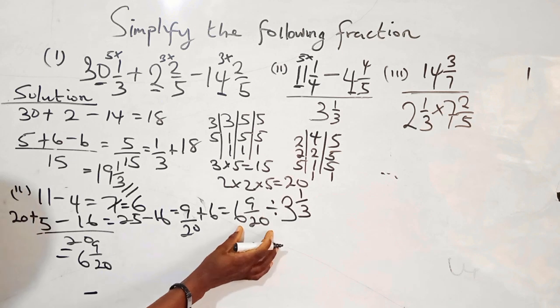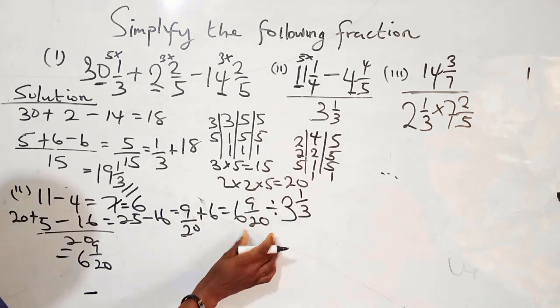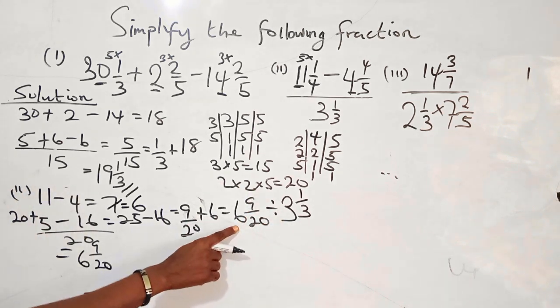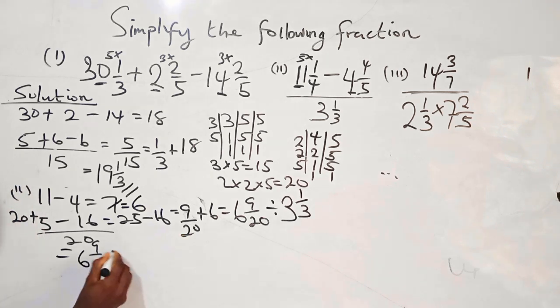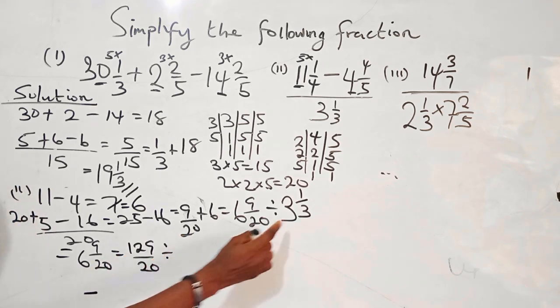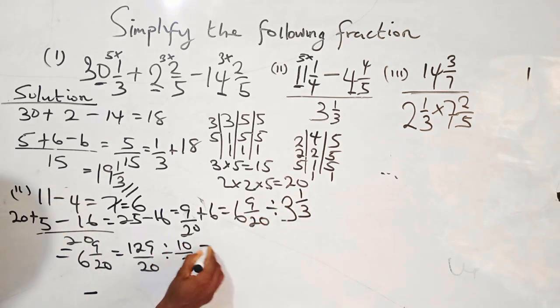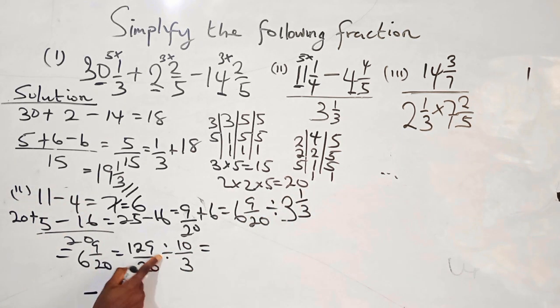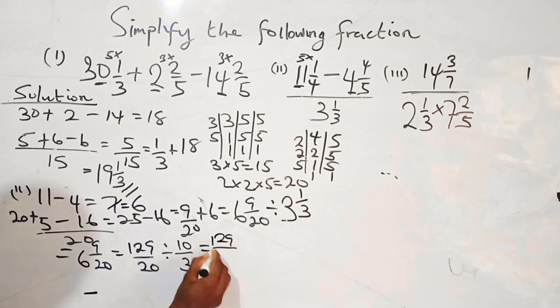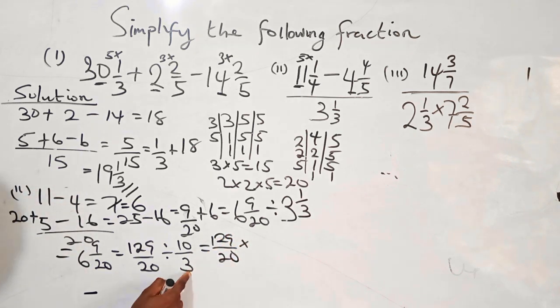I can easily change it to an improper fraction. 20 times 6 is 120, plus 9 is 129 over 20, divided by 3 times 3 is 9, plus 1 is 10 over 3. I'll change this division to times, so I have 129 over 20 times the reciprocal.